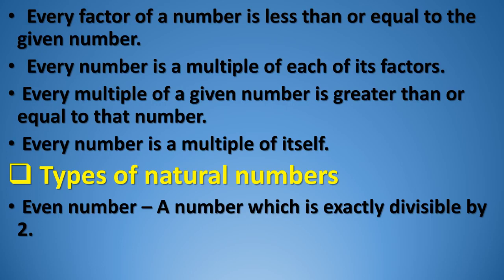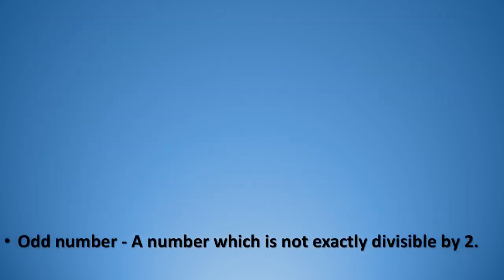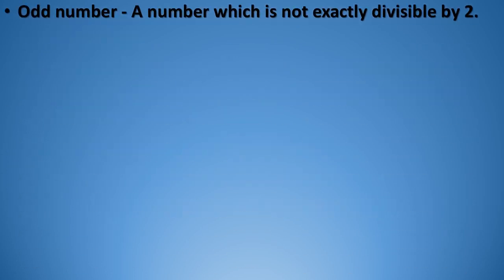An odd number is a number which is not exactly divisible by 2, or if the ones place is 1, 3, 5, 7 or 9, then the number is called an odd number.